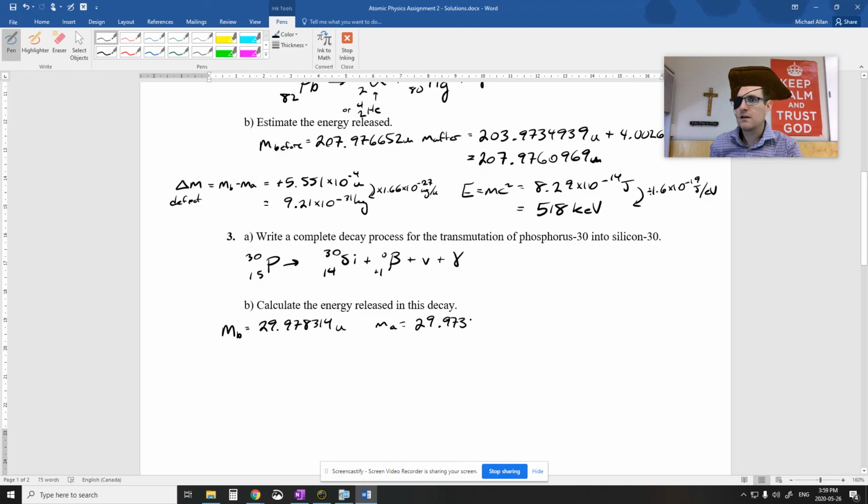Plus the two pieces, the electron plus the positron. Okay, not a proton, but a positron. So I had to go down to my sheet here and find the number for those.